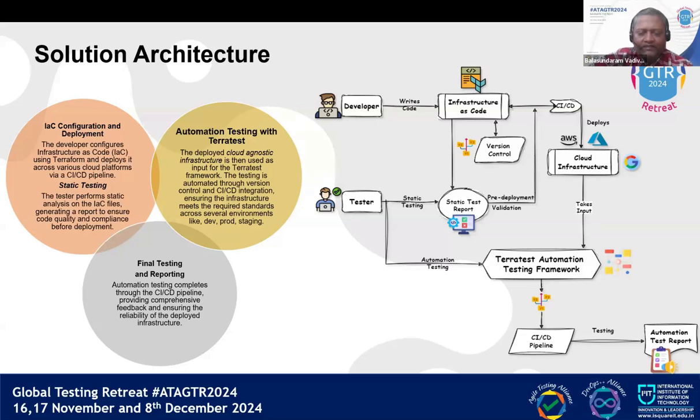The static testing will verify whether the IaC code templates are created as per the requirements or not. For example, there are a lot of situations in real time when we do infrastructure provisioning where we see a mismatch in the IP address, or a mismatch in the name of the resource.